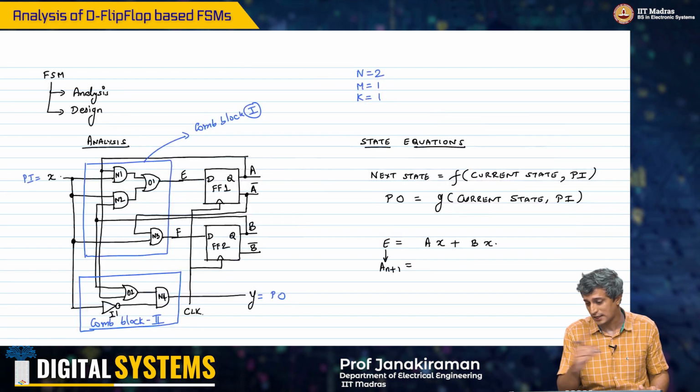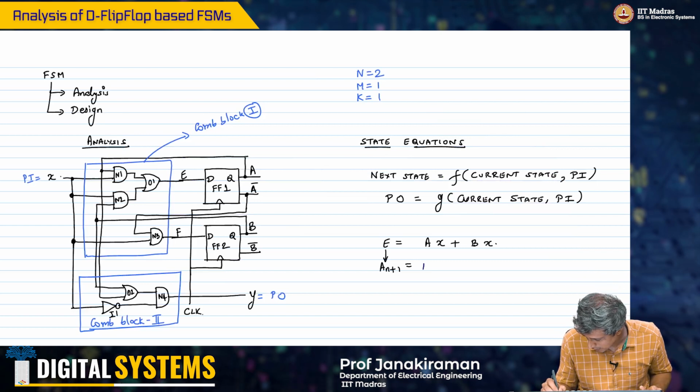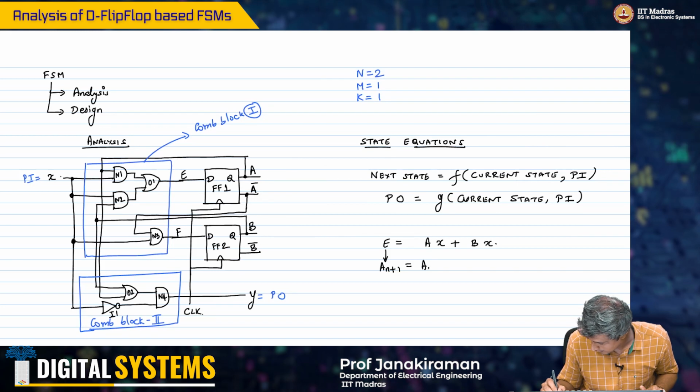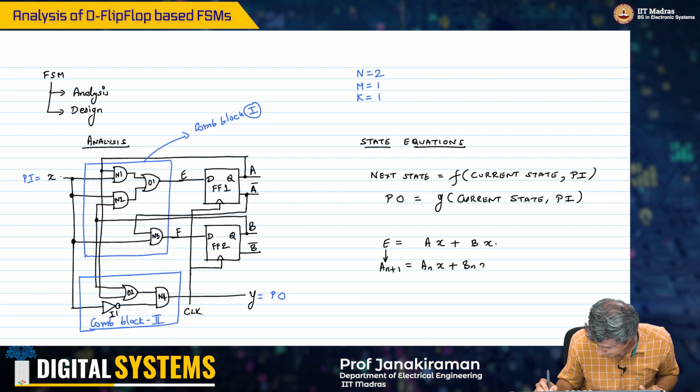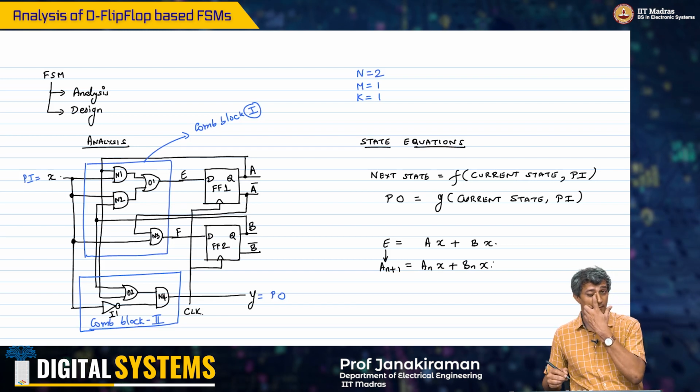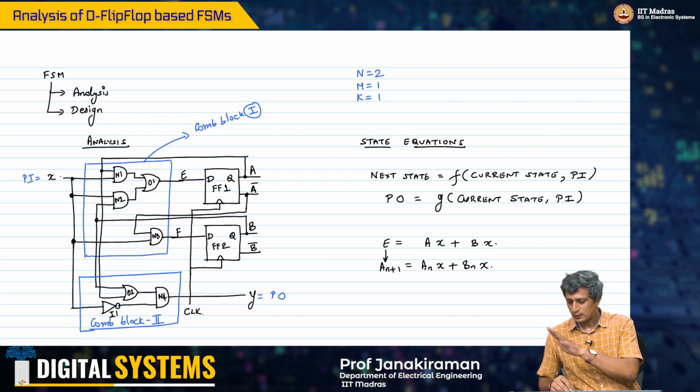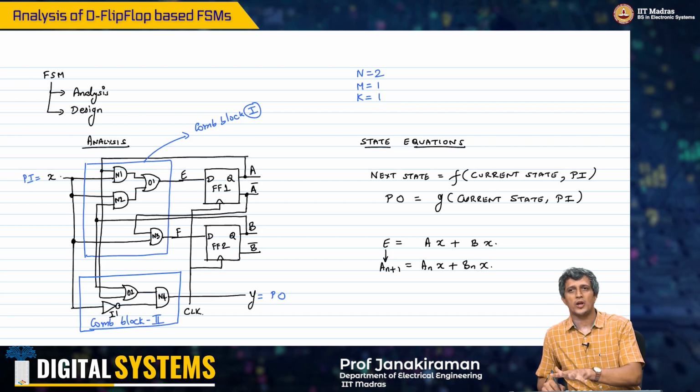I am talking of that edge. So A n plus 1 is A n times X plus B n times X.